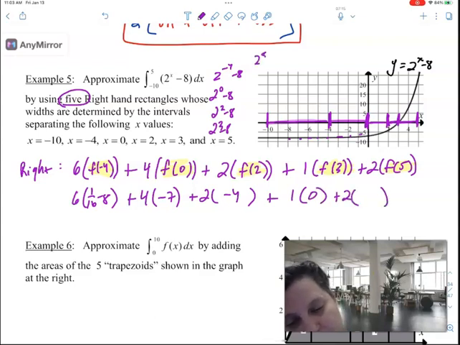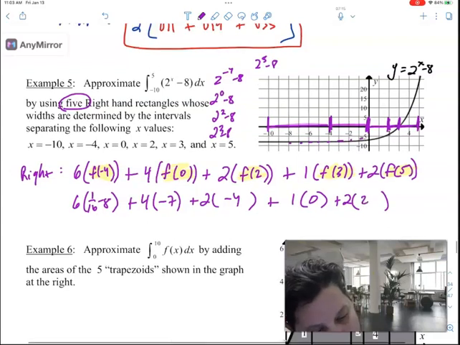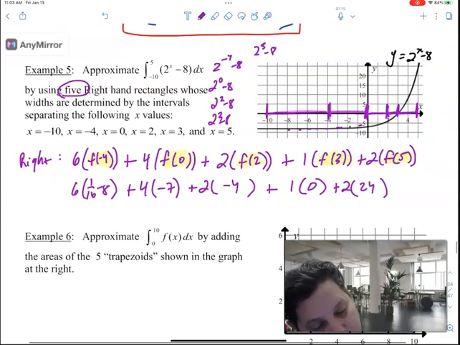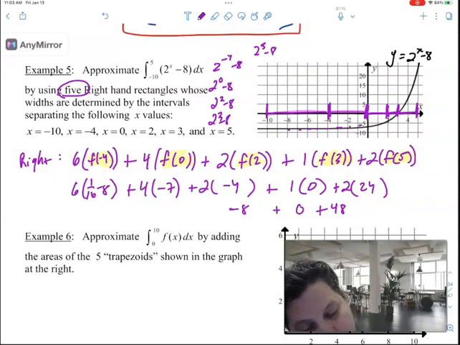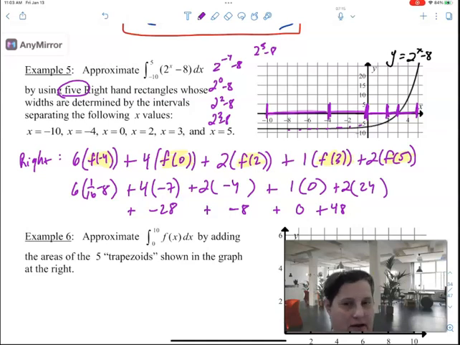And if I plug in 5, 2 to the 5th minus 8, that's 32 minus 8 is 24. Okay, so I have, let's go backwards here. I have 48, that's 0, -8, -28, and whatever that is. Okay, if it's free response, I'm done already.